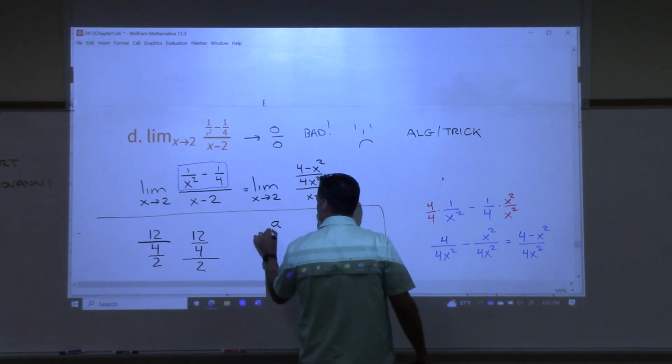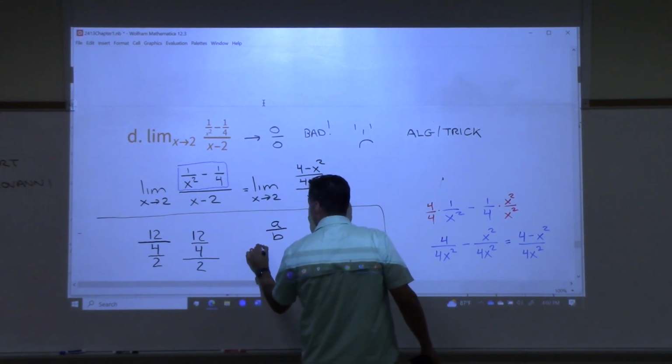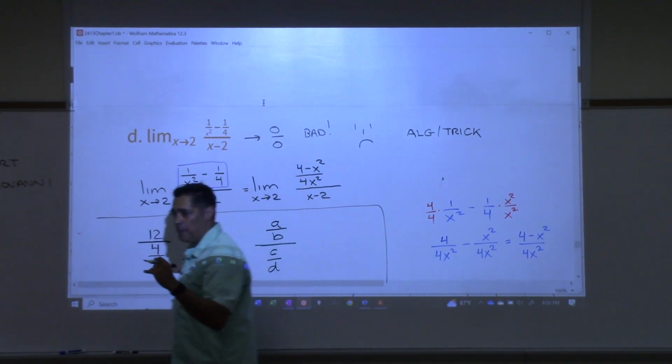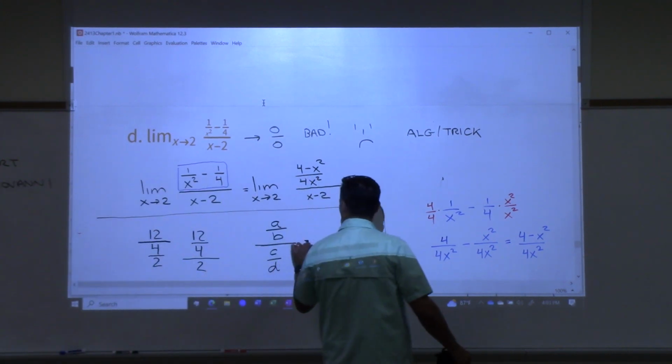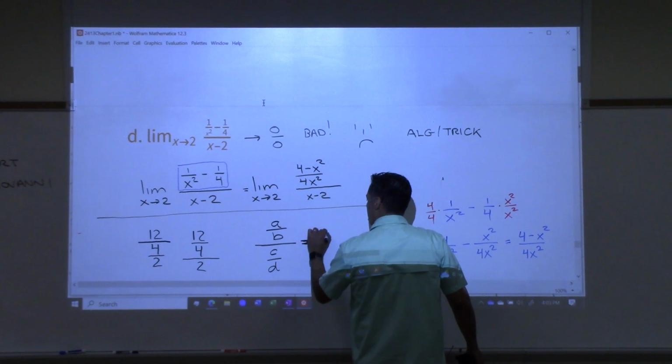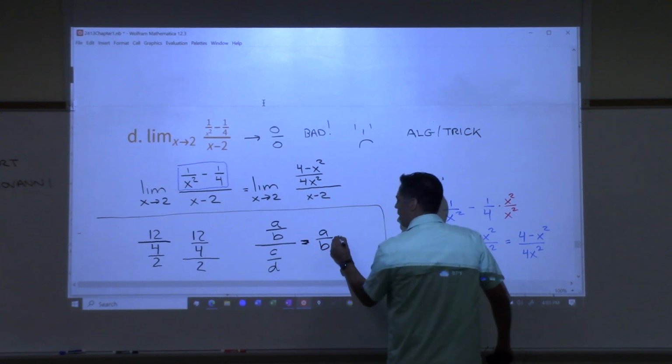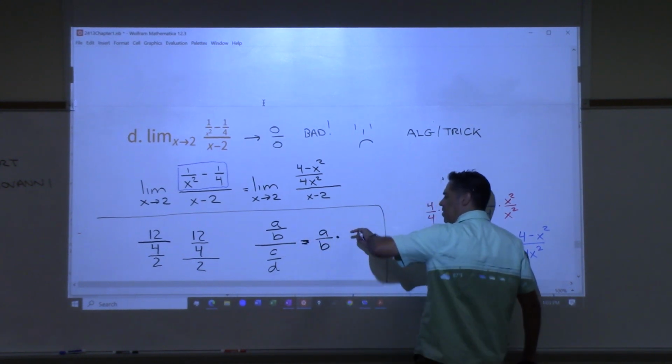If I take a fraction, long division bar, divide it by another fraction, so the fraction a over b, and divide that by the fraction c over d, division is the same as multiplication of the reciprocal, right? We learned that in college algebra. So this is equivalent to leaving the a over b alone and multiplying by the c over d flipped.